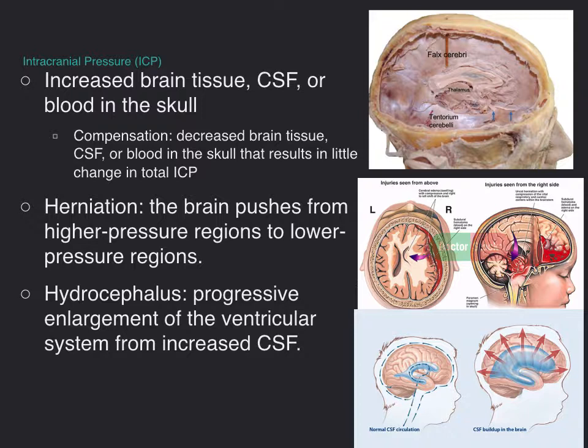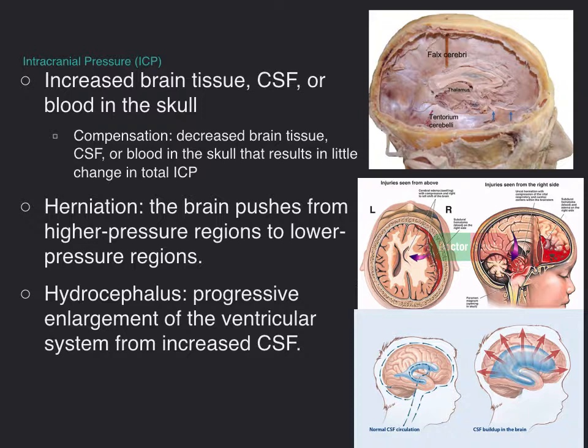Because she could only lay from side to side because of her head being so enlarged, her head was probably about 6 inches wide from side to side. Just a huge head. I really have not seen anything that large since. And they really could not go in and put a shunt at this point with the head being so large, because removal of that much fluid would cause herniation of her brain.